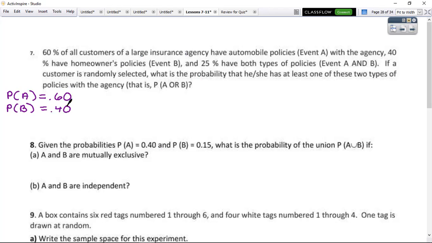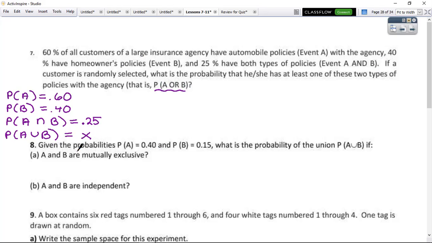And then I am given that the probability that they will have both types of policies, so the probability for A and B, is again what we call an intersect. That's when they both occur at once. And that was equal to 0.25. What is the probability of A or B? So that is your union. So I'm going to apply the union rule. I'll say X because that one's unknown.